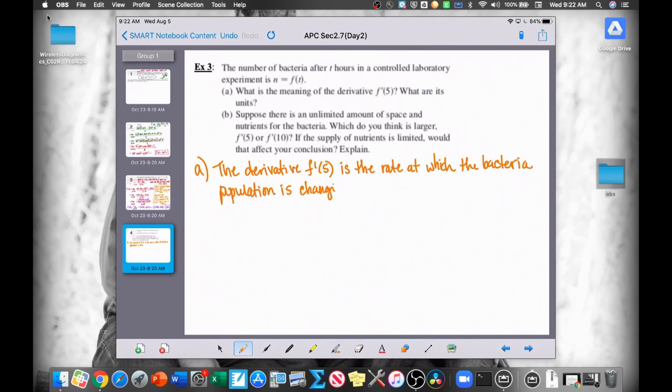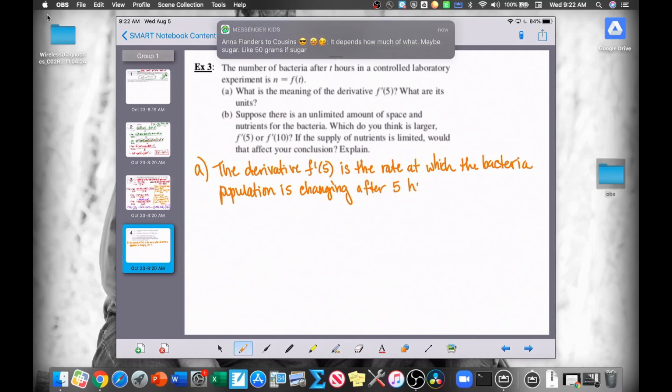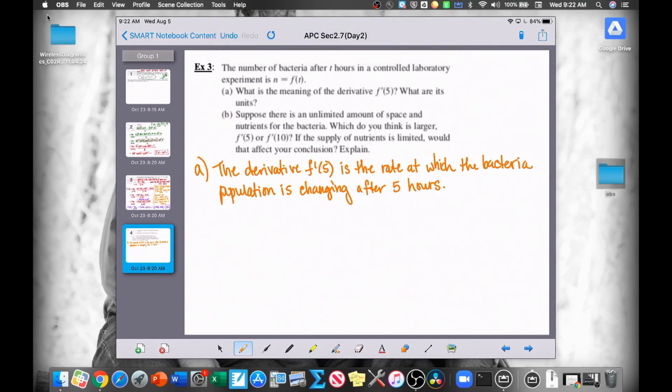And since it's f prime of 5, it's the rate at which the bacteria population is changing after 5 hours, because it is specific to that time. Okay? The units would be bacteria per hour.